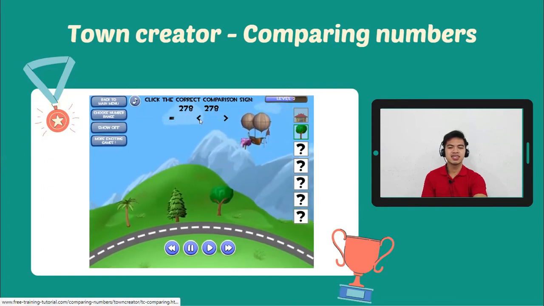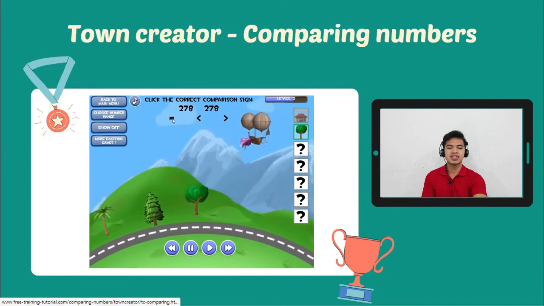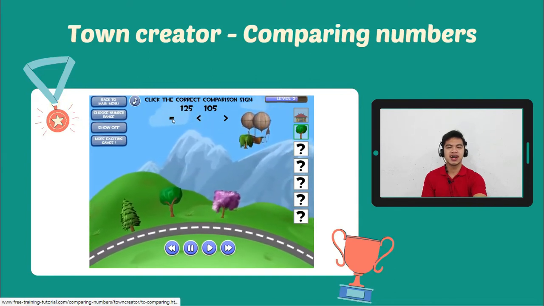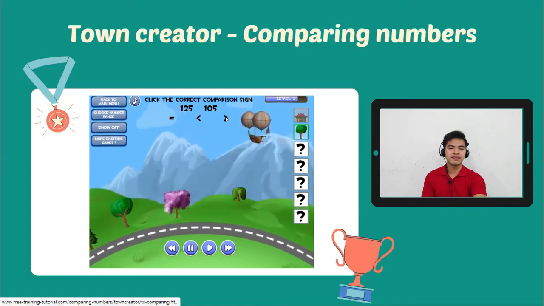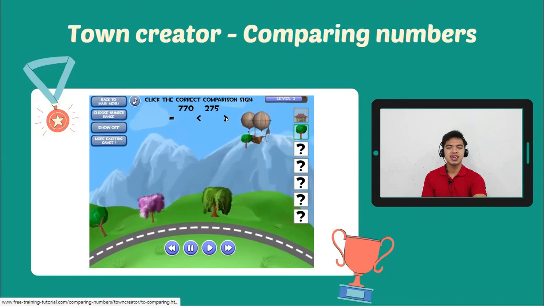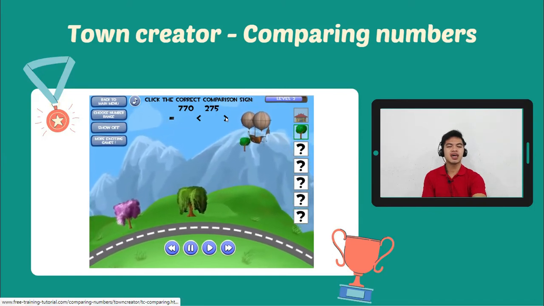And 278 is equal to 278. 125 is greater than 105. 770 is greater than 275.